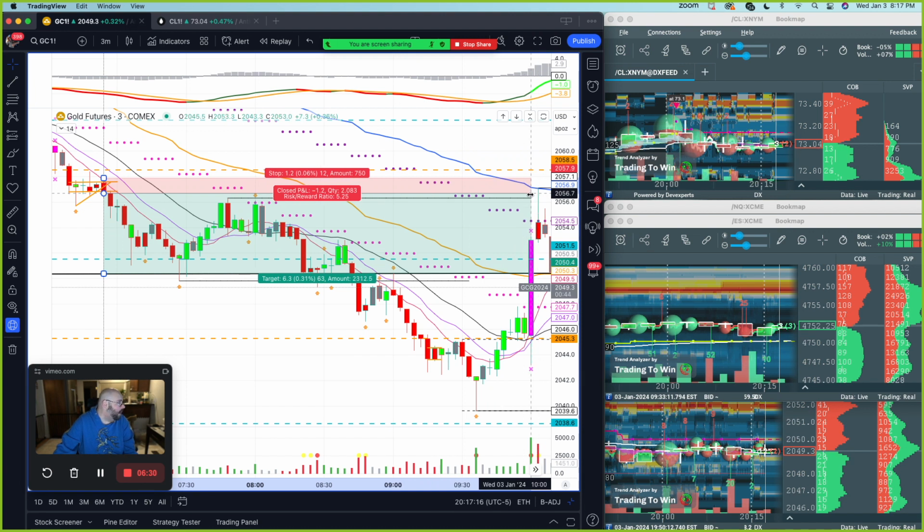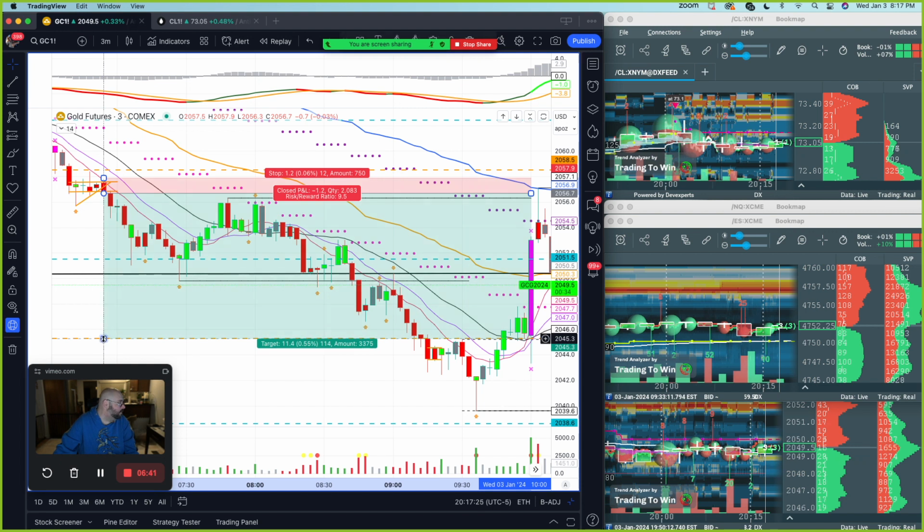But in the meanwhile, we drop again into this weekly pivot, affording us now 114 ticks of profit. Okay? So we paid ourselves once, twice, 3 times.